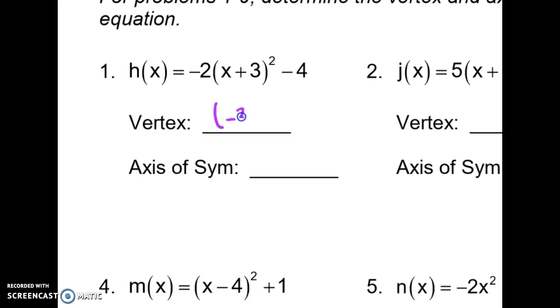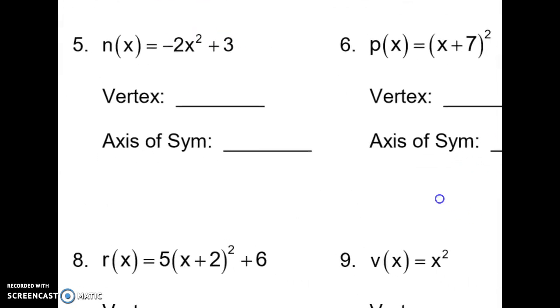So our x-coordinate is -3. And the y-coordinate is whatever number's here at the very end, whichever's being added or subtracted to that quantity. So that's -4. The axis of symmetry is the vertical line that goes straight through the vertex, straight through the x-coordinate, which is -3. So our axis of symmetry is x equals -3.